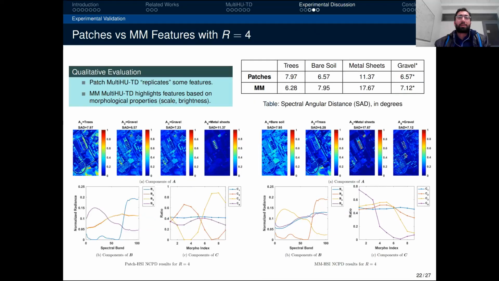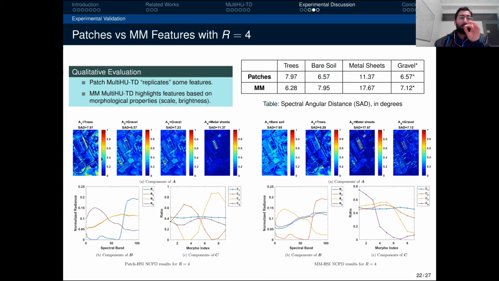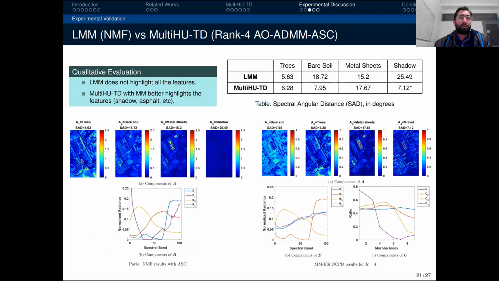Another thing we did is to carry out patch and morphology tensor decomposition using rank equals 4. In this case, we see that the patch works exactly like an NMF. It gives you exactly the same features, with a key point that I will mention. We see the same vegetation that we see in NMF.